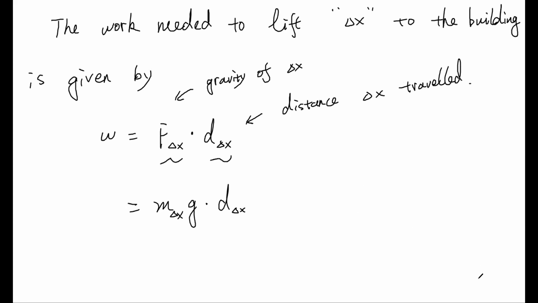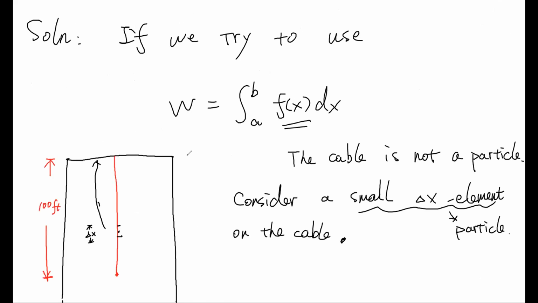So now imagine we split this whole cable into a lot of subintervals, or a lot of particles. Again, we divide this interval from 0 to 100, which represents the distance from the top of the element to the top of the building.